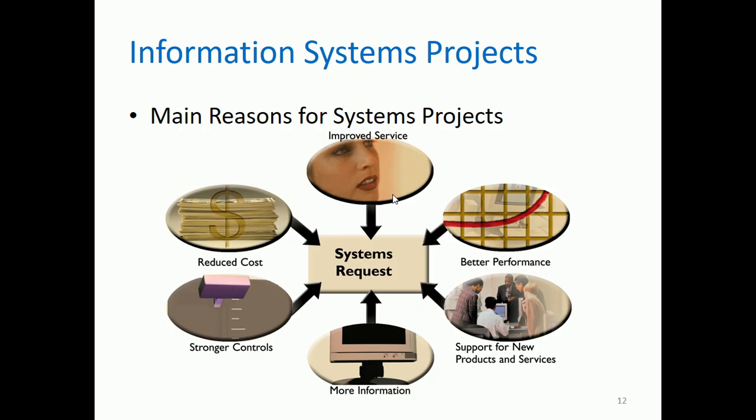And then we have reduced cost, of course. This is another reason for systems projects. And for these reasons, before you start an information systems project, it will always start with a systems request.